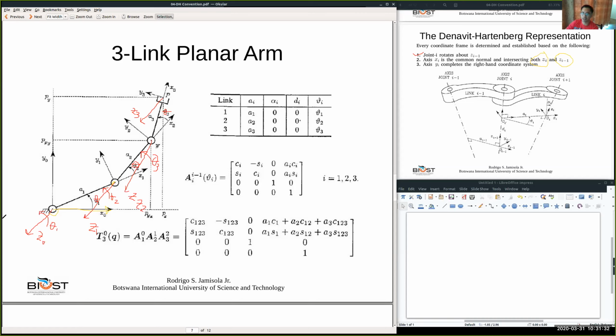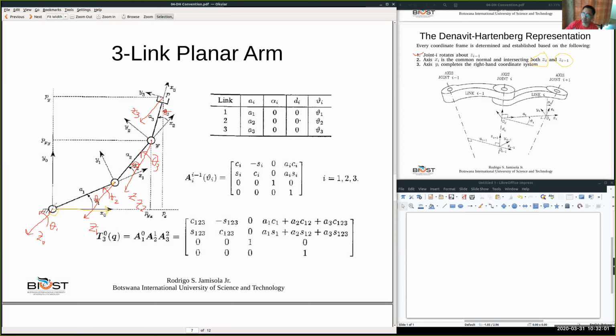Because X0 is lying on the paper, Z0 and Z1 are both normal to X0, and so that is correct.